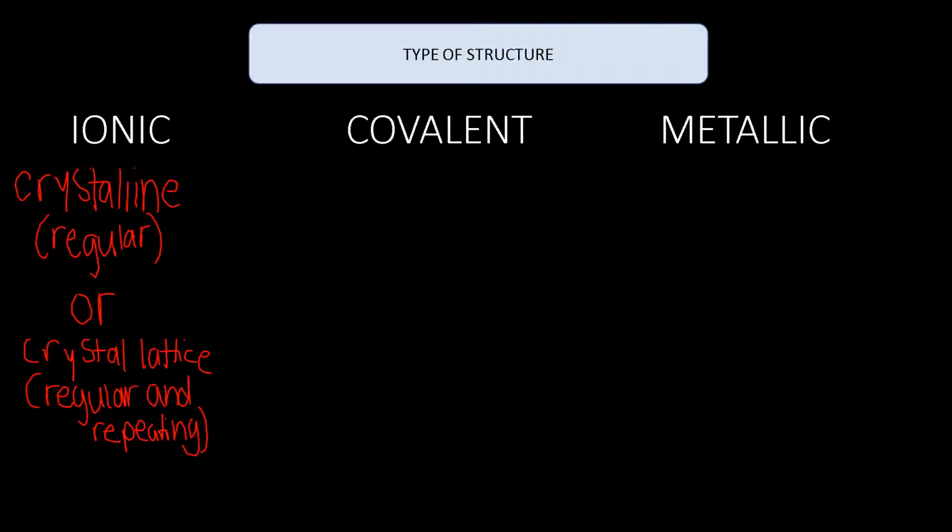Usually, especially in chemistry and AP chemistry, we refer to ionic bonds as having a crystal lattice structure.